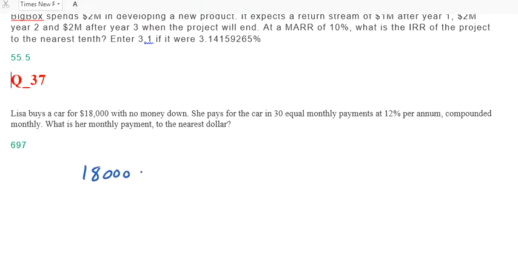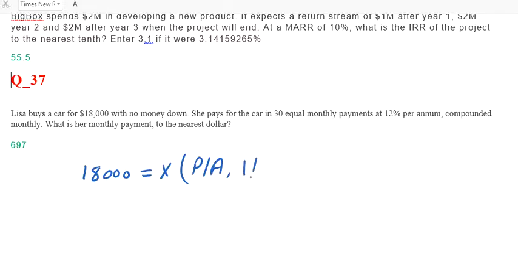Total payment, price of the car, given P, the rate is 12%.